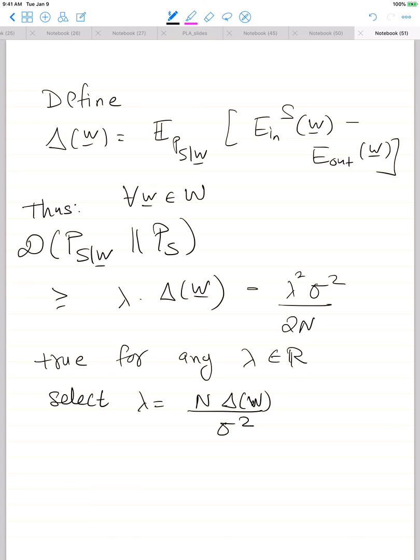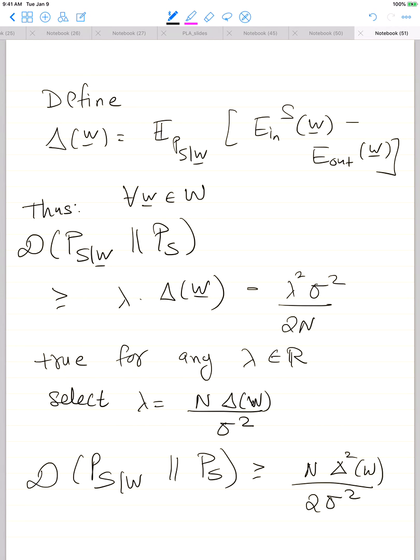If you do that, we have D of P of S given W, Ps is greater than n delta square W by 2 sigma square.